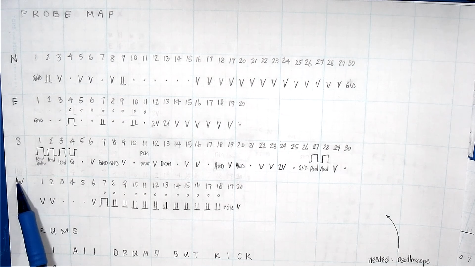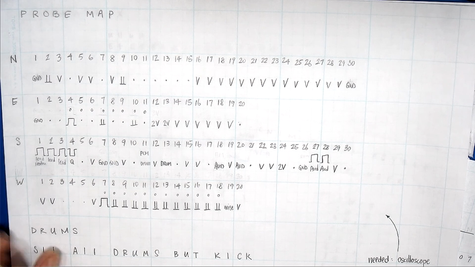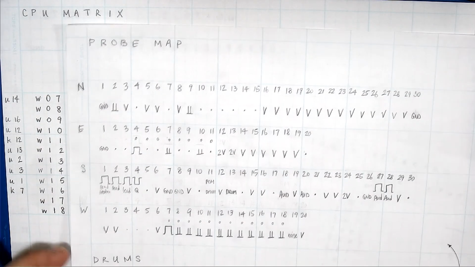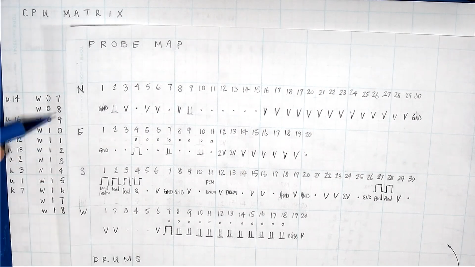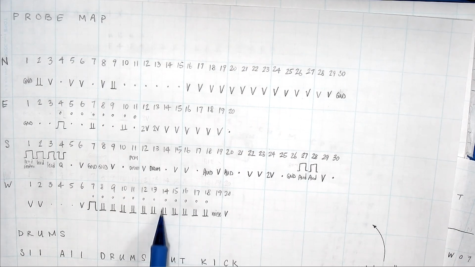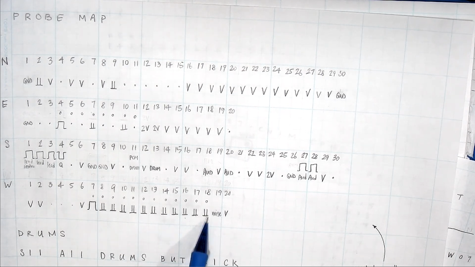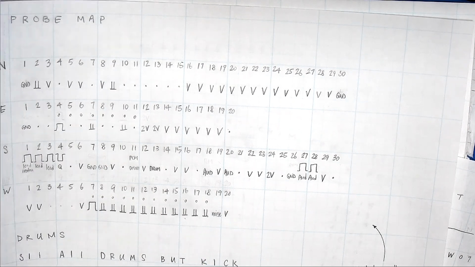We're looking at West, and we know there are connections here. West 7 through 16 are denoted as having signals on those lines, and you'll notice 17 and 18 we also probed and found signals on. So we decided to take a look at those to see if maybe there was hidden functionality.